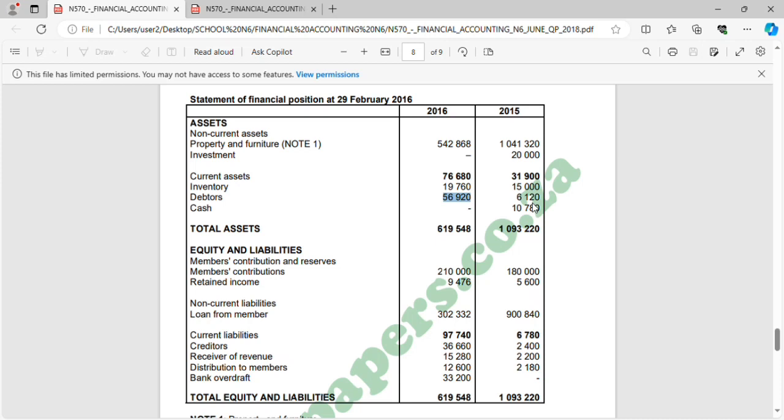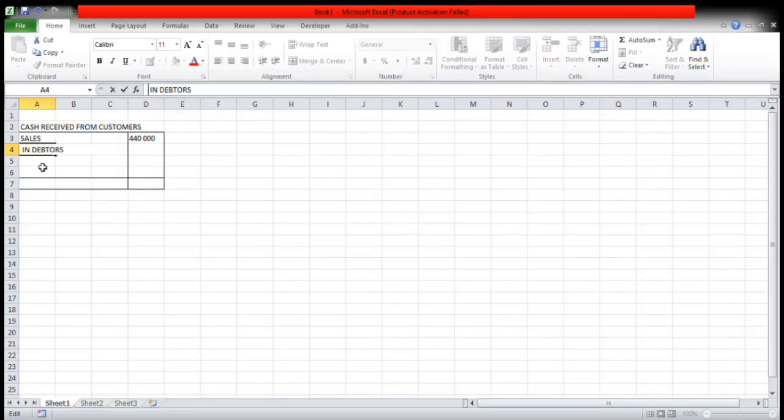So let me go and indicate the amount on the cash received from clients. Because we have determined that it's an increase, I'm going to write an increase in debtors.